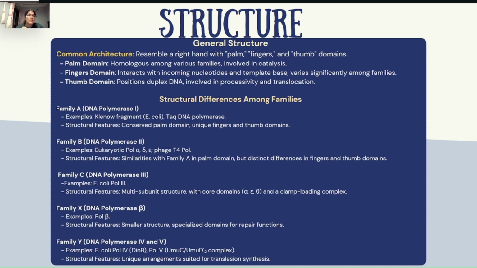Depending on their structural differences, there are around five families into which they have been segregated. Talking about family A, they are mainly found in bacteria, especially the commonly known Taq DNA polymerase, which is used in PCR.